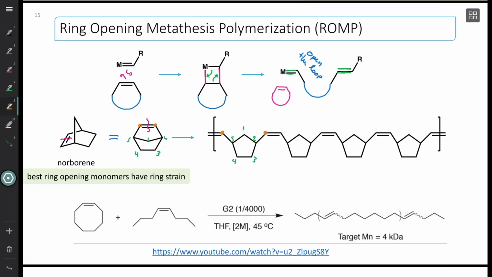So you have that strain released when you do the ring opening metathesis, but you still have that linker. So this is the loop, like over here. And so this is the polymer that you get.